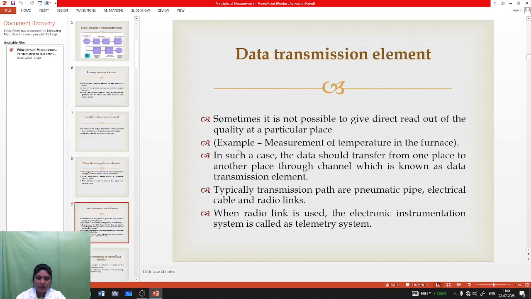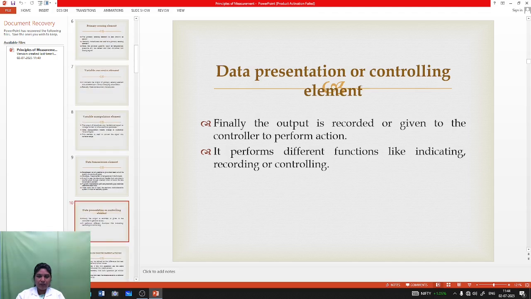The data is transmitted from one form to another through the channel. Finally, we have the data presentation element, in the form of a recorder, a display device or pointer scales.